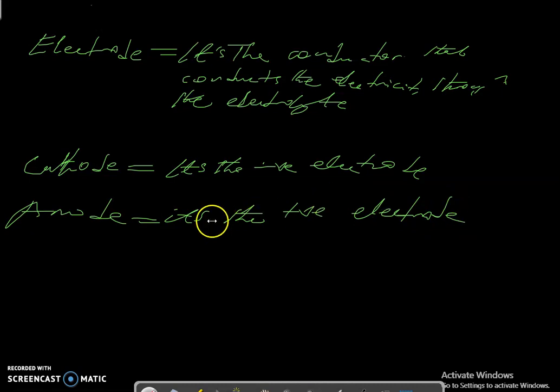Right, so if we have an ionic substance, we want to split it into simpler substances by passing electricity through it. To do that, we must first dissolve it in water. Once we dissolve it in water, we get what? Electrolyte.